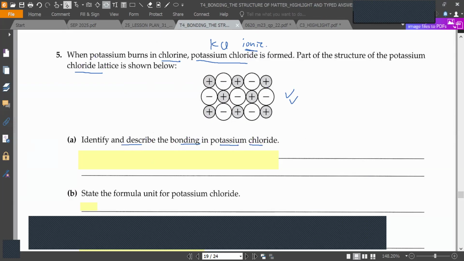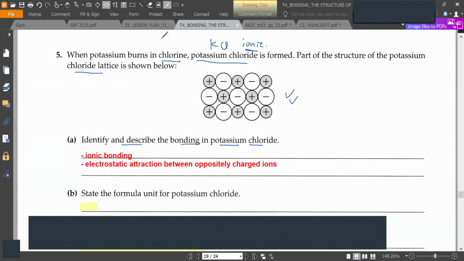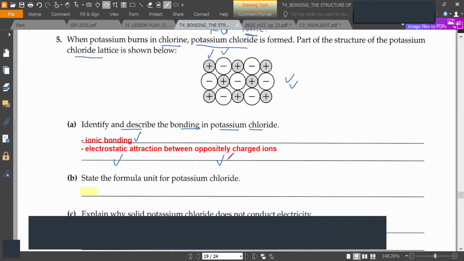We know that this is ionic bonding. So first, we state that it's ionic bonding, and then we explain what ionic bonding is: electrostatic attraction between oppositely charged ions. The ions with opposite charges attract each other. Next, state the formula for potassium chloride.